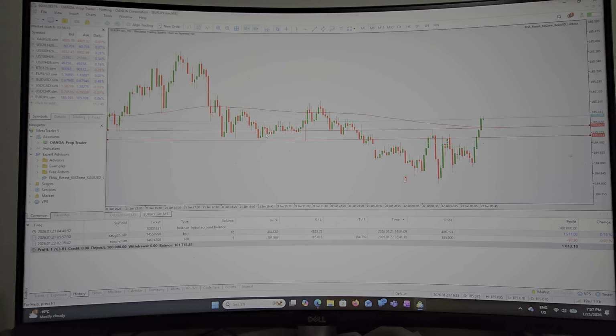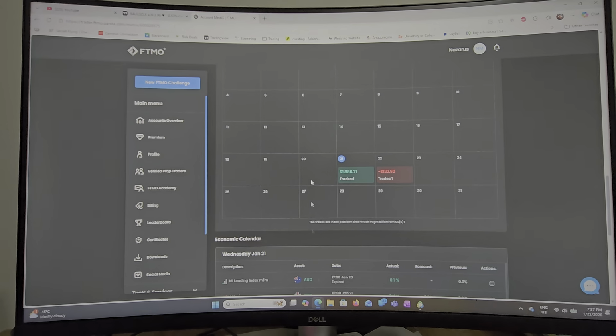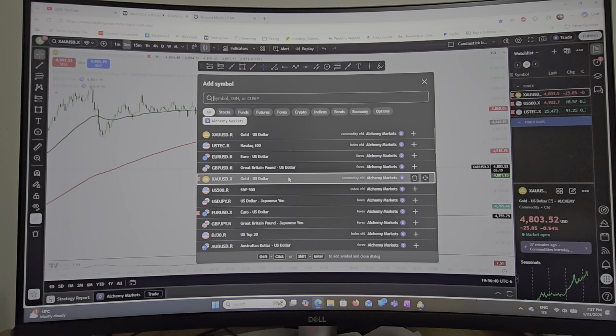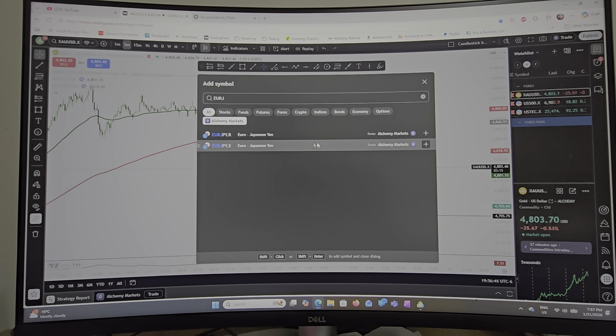Using my supply and demand setup, I would say, okay, we've taken out this high, and let me do this on TradingView. MetaTrader is tough on my side. Let me do this analysis on TradingView. This is Euro JPY. Okay, my Forex pairs, I do Euro JPY.